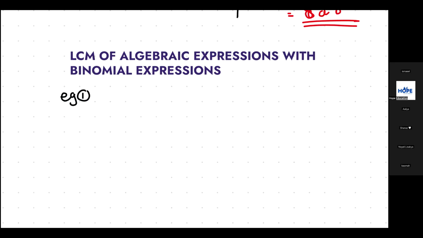Okay. So I'm going to use the same examples that are given in the textbook, right? So find the LCM. The expressions are 15x squared, 20(x plus 1), and 10(x plus 1) squared.